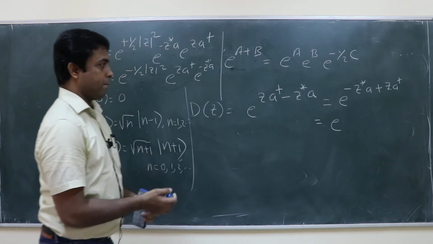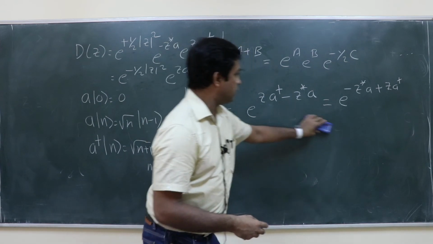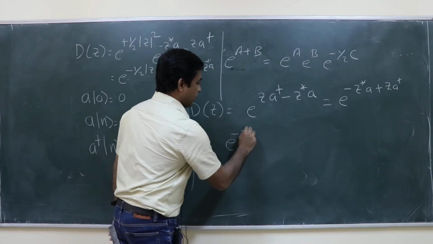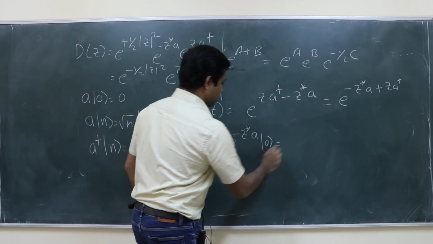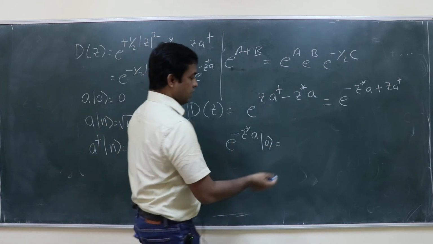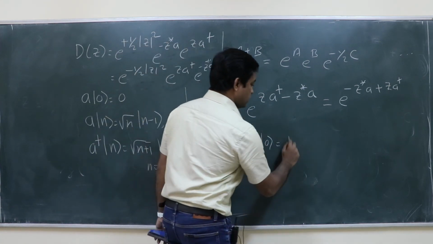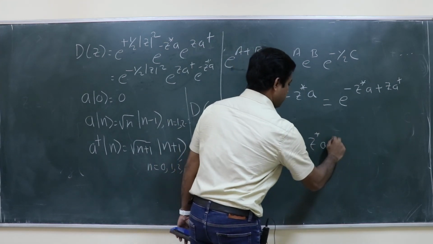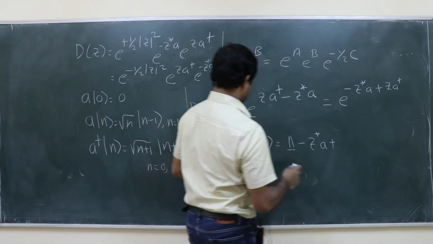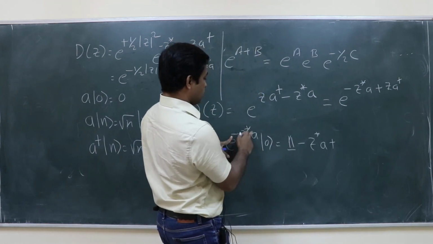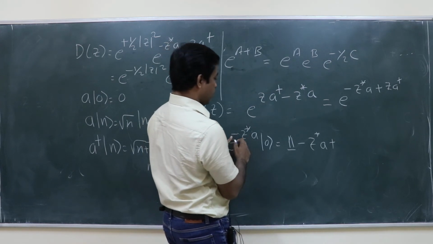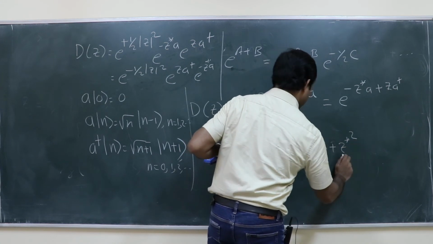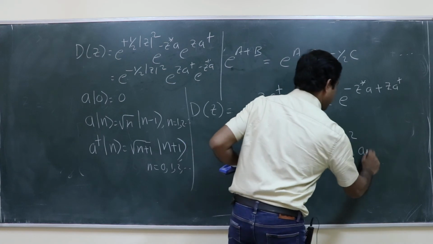Sir, I didn't get how e power minus z star a acting on ket 0 will give ket 0. Okay, let me do that. E power minus z star a acting on ket 0. The exponential of any operator or matrix can be put in a series. The first term is the identity operator, minus z star a, plus the second term, which is the square of this: z star square divided by 2 factorial a square.